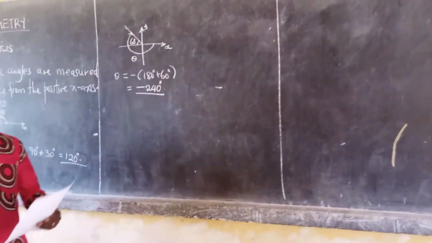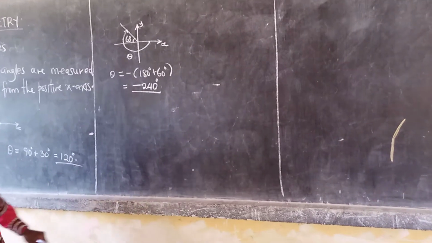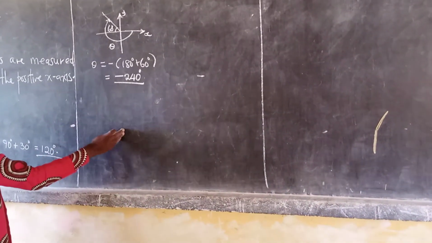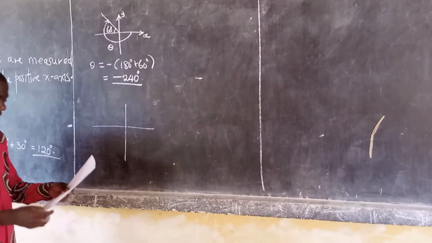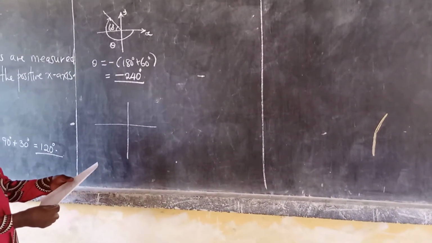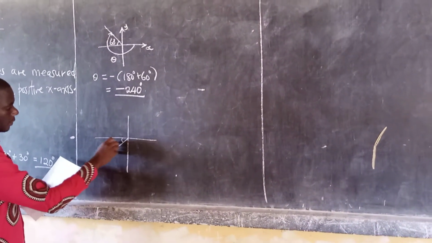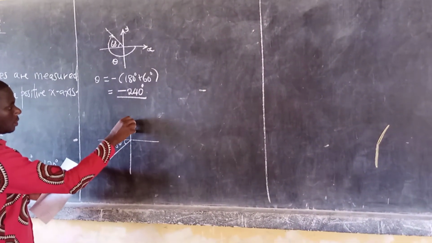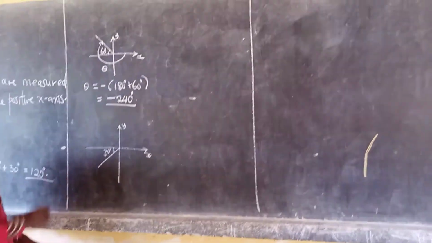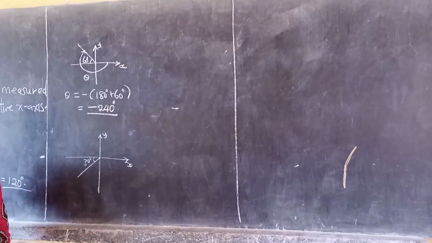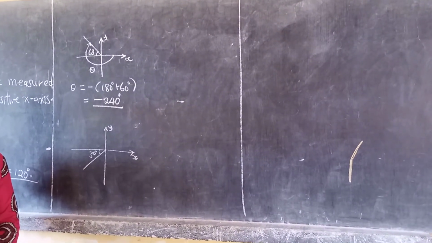We can have another example to illustrate that. You can have another angle here. We have 30 degrees. This is y. This is x. So which angle is this? Before I reach that angle, please draw some line on your paper.